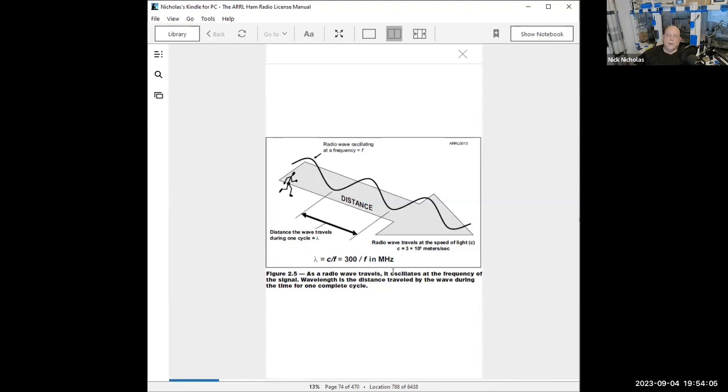The 144 megahertz band is what we call the 2 meter band. Roughly, if you divide 150 megahertz into 300, you get 2. This is going to come in handy when we're talking about antenna design.